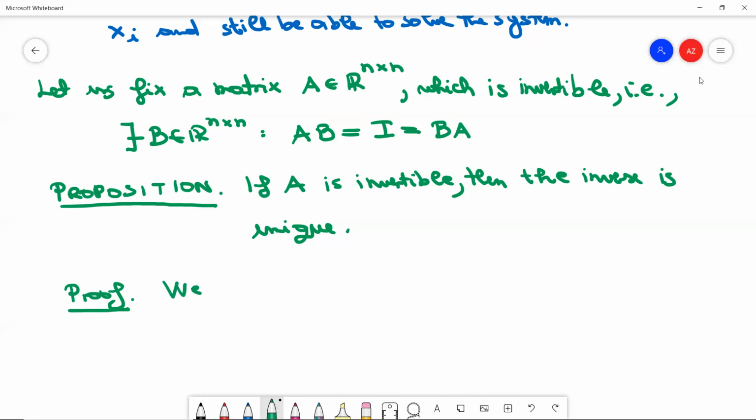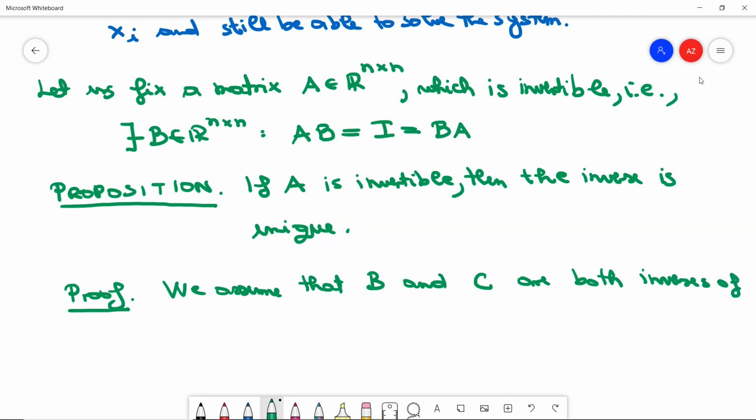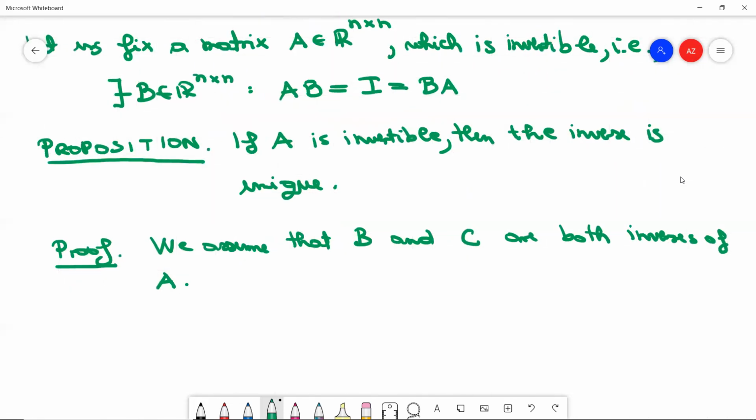So we assume that B and C are both inverses of A, and what we want to show is that they coincide.